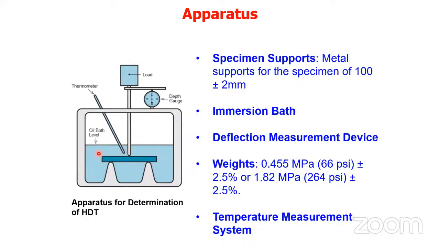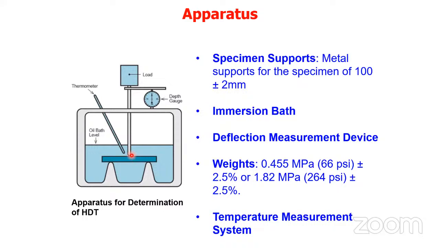Okay, that oil bath is maintained with an increasing temperature range according to the requirement. This is the load applied over this bar, and an indenter is attached to it. And this depth gauge is provided here to calculate the depth or indentation of the polymer through the polymeric material at a specific temperature.